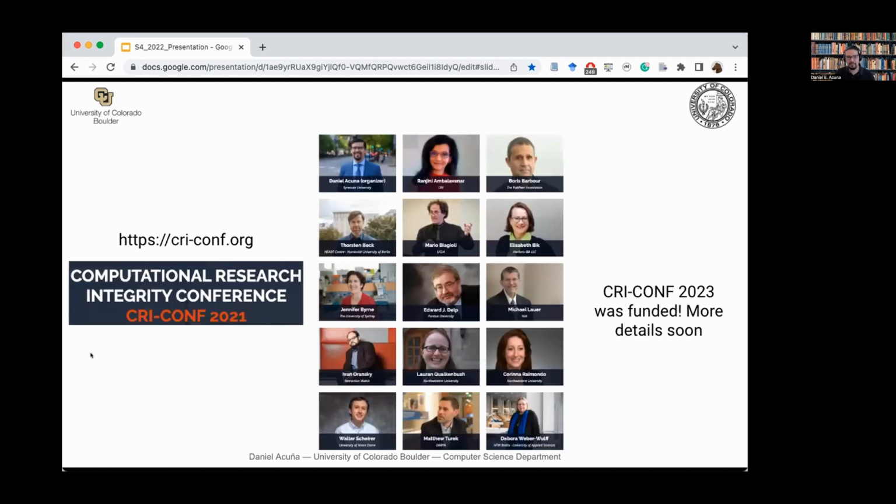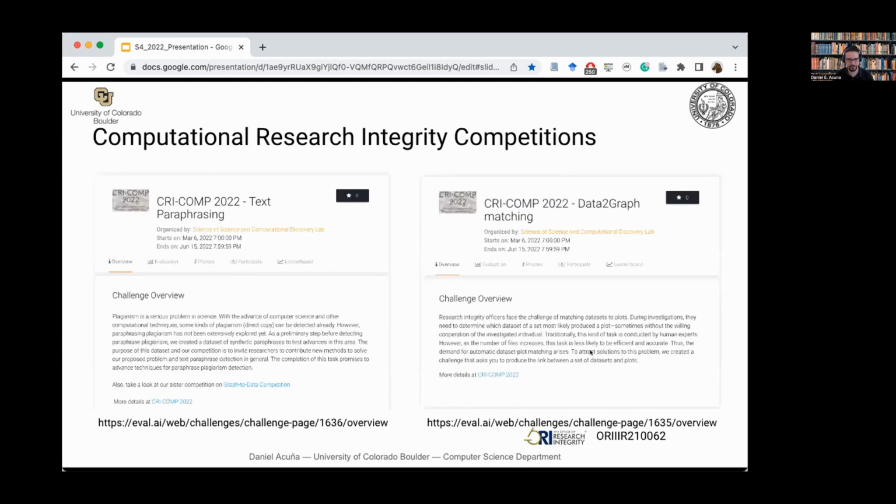Okay, so this idea of using computers to analyze graphical integrity issues is now part of a conference, and we got funding for a conference that will happen next year in Washington, DC. We hope to make it hybrid so that everybody can attend. So it's called CryConf. And we are also running some competitions to encourage the community to improve techniques for detecting issues in scientific papers.